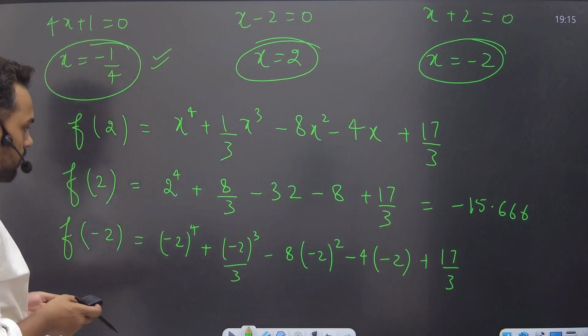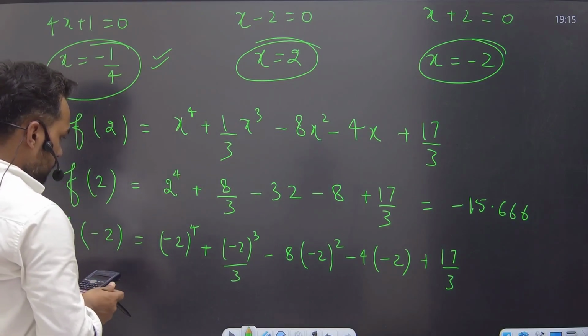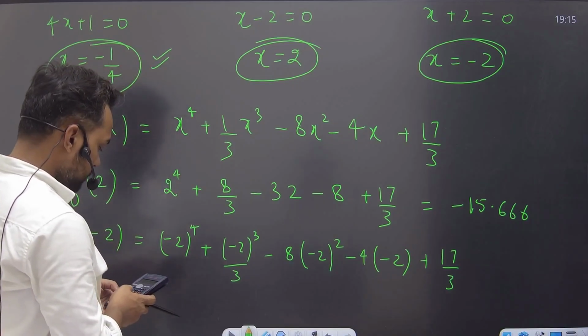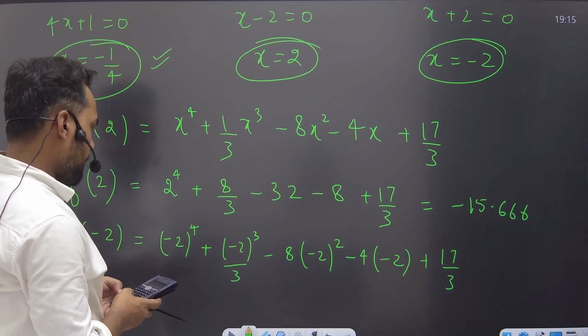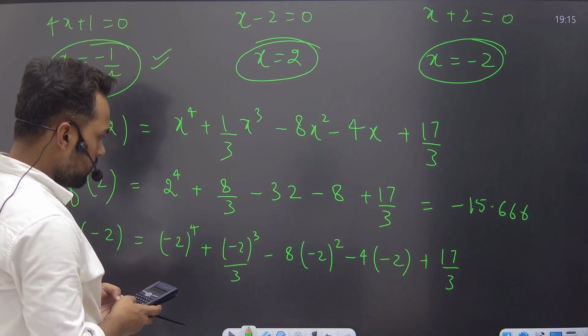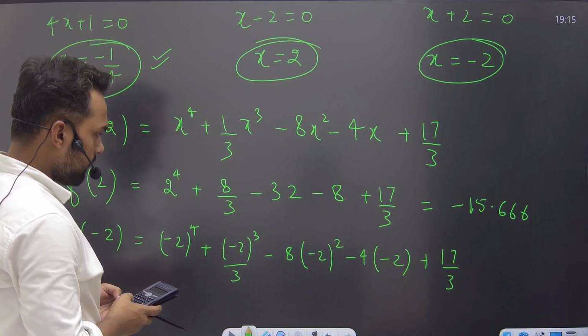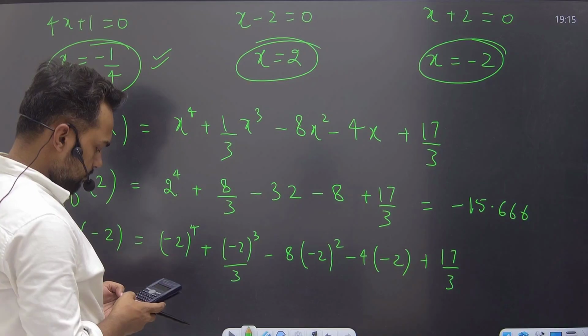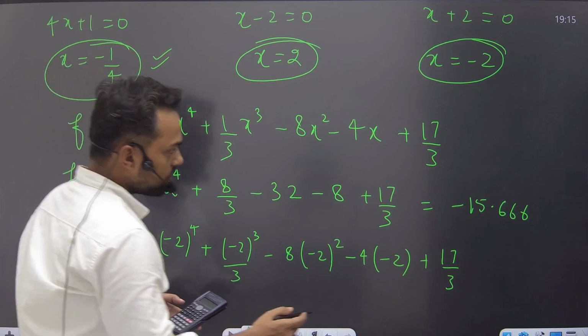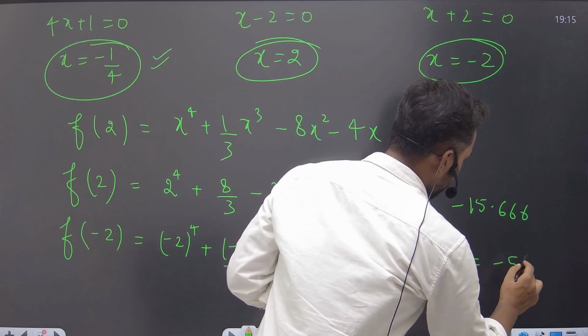On calculating it, we'll get 16 negative of 8 by 3 negative of 32 plus 8 plus 17 by 3, that is equal to, student, negative of 5.